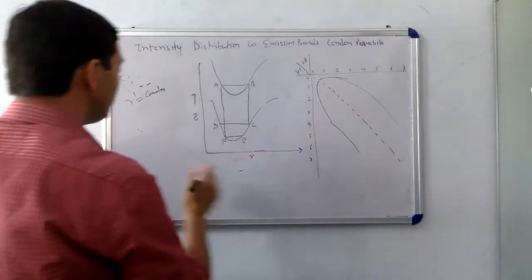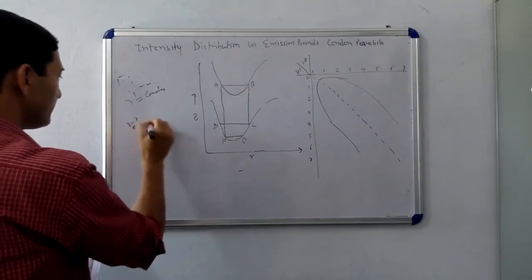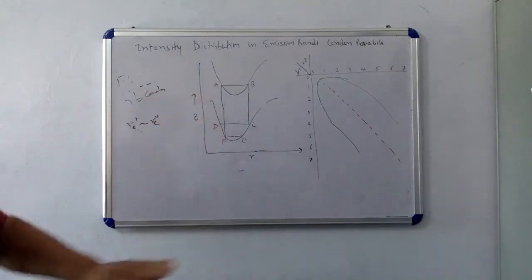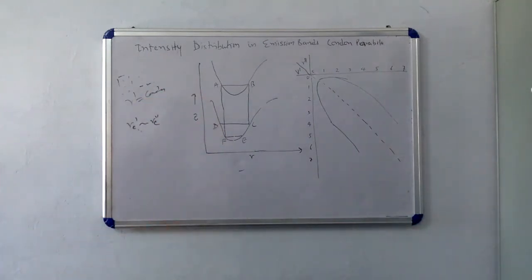The separation will be decided by the separation between r e prime and r e double prime. This decides how much the separation of these intensity maxima is.